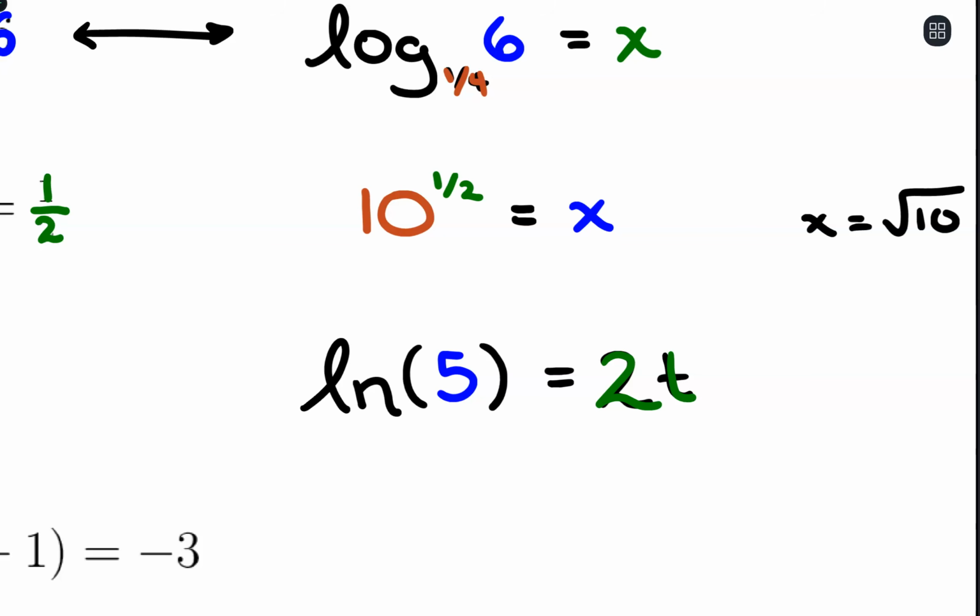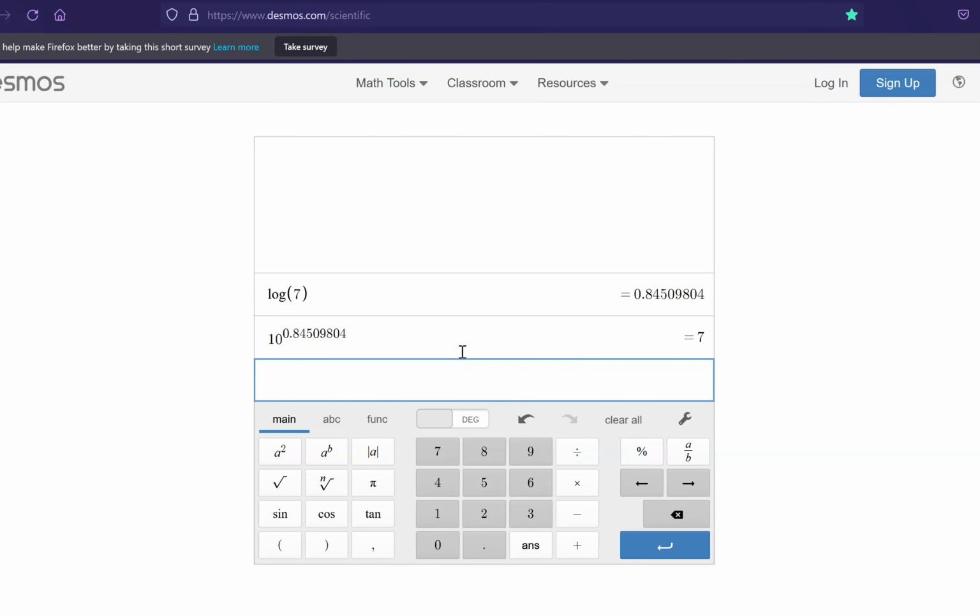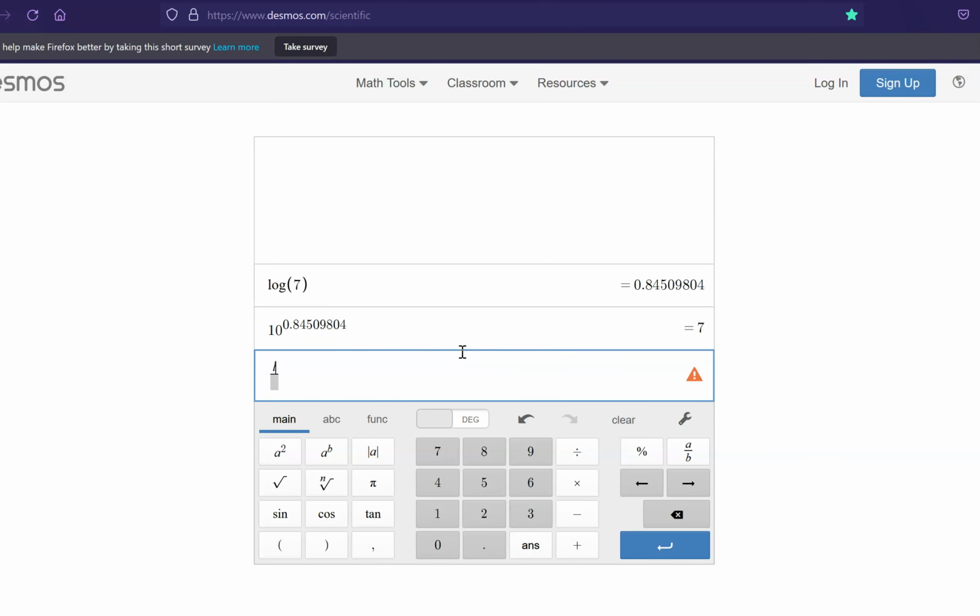And actually, we could solve for t here. We could divide both sides by 2. So if I did that, t would be equal to the natural log of 5 divided by 2. And that's something I could plug into the calculator as well. So let's take a look at that. So we're going to have a fraction with natural log of 5 in the numerator.